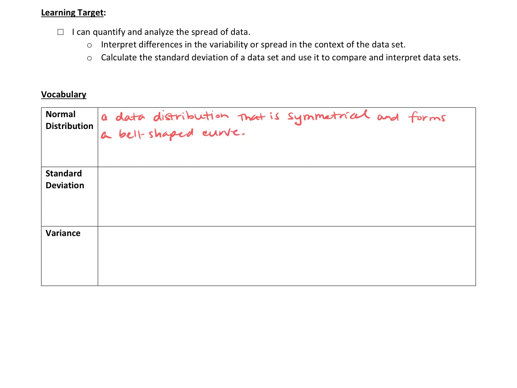So it is the shape of this data distribution that gets its name, a normal distribution.